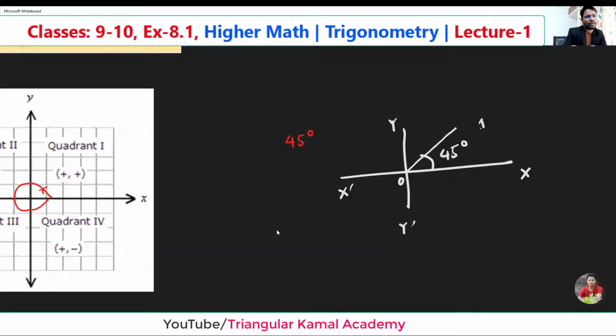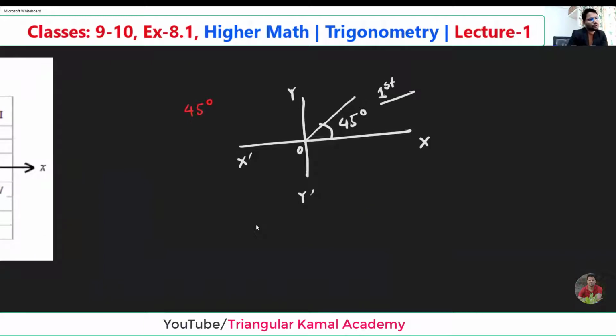So the 45-degree angle lies in the first quadrant. If someone asks you to draw a 120-degree angle, this is up to 90 and 90 plus something, so the 120-degree angle lies in the second quadrant.